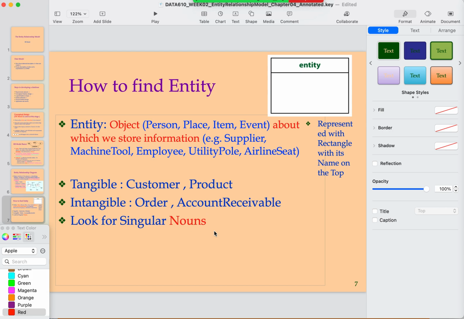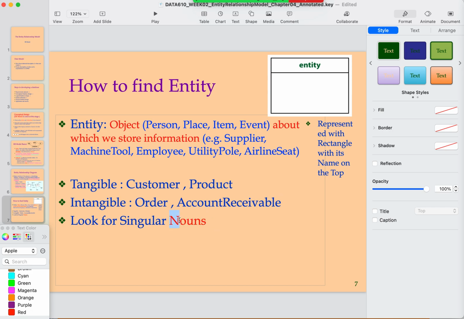But when we are reading the description from the customer, let's say I want to have a database about my employees, departments they work in, what accounts my clients are creating. We want to read this description, and within the description we have nouns.